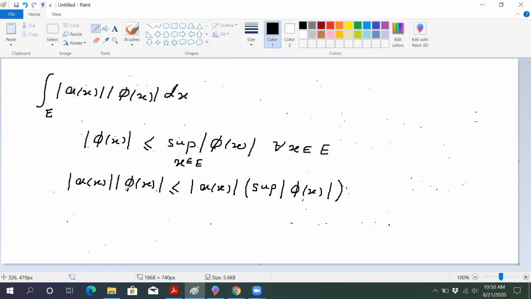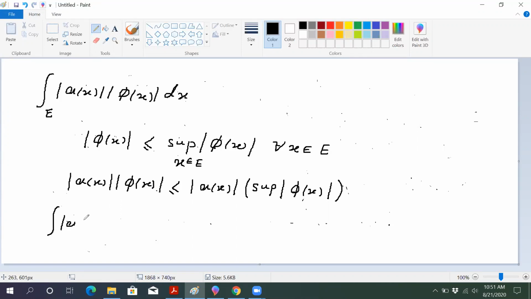Now look at here, this is a non-negative function, so it means this is greater than or equal to 0. So we have this inequality between the values of two positive functions. By the property of integration, on E the values of this function are less than this, so we can integrate on both sides. Since, let's say, f is less than g, the integral of f is less than the integral of g. We are using the property of integration.